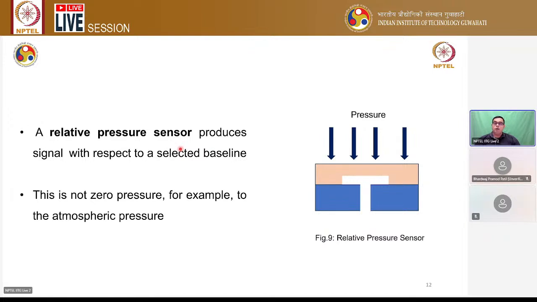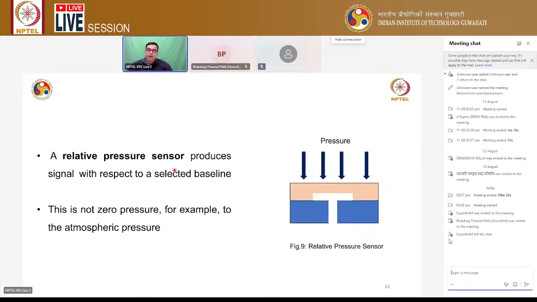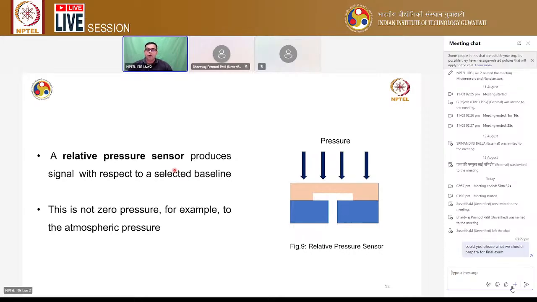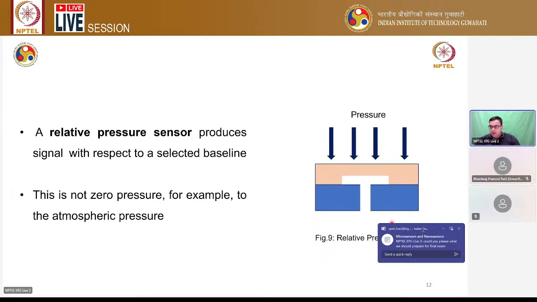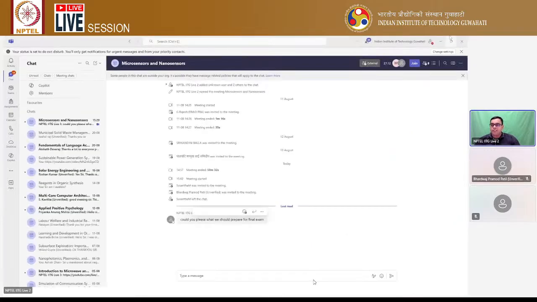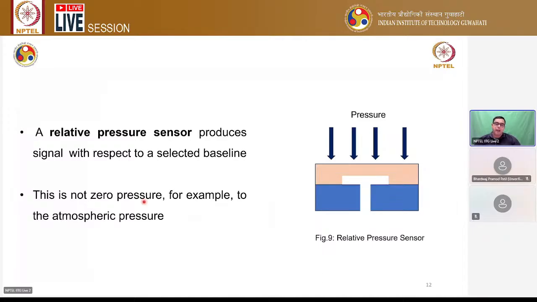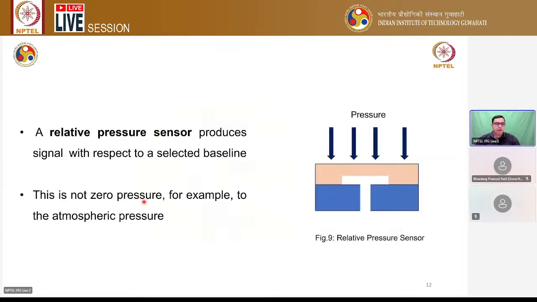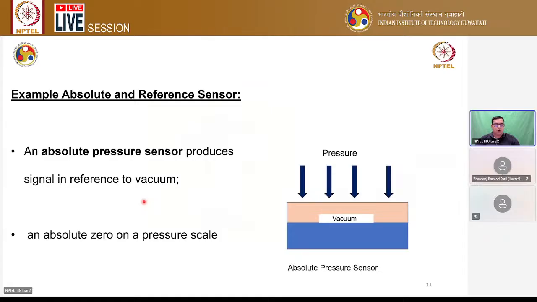So your pressure sensor is again giving output in terms of the pressure you are trying to measure, but now it is measured with respect to the atmospheric pressure, not with respect to the vacuum that we talked about in the absolute pressure sensor. Now I hope this concept of absolute and relative sensors is clear.